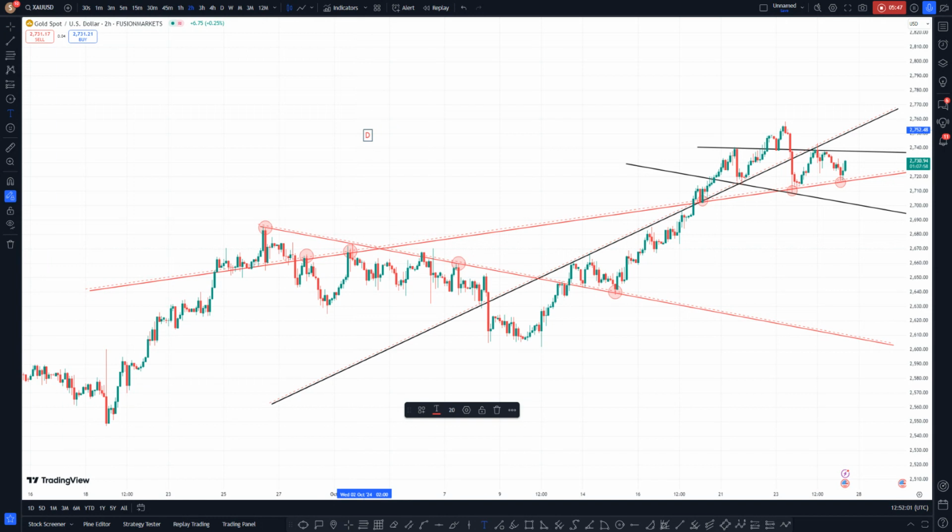We have here the demand floor. This is my demand floor, and this is my supply roof.